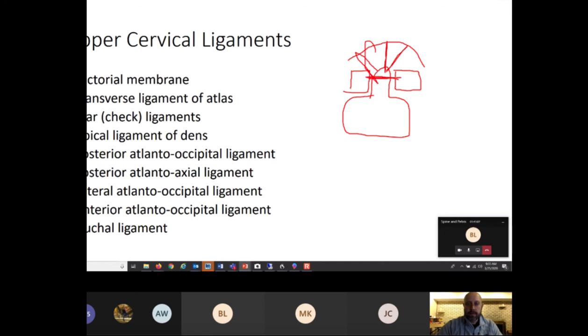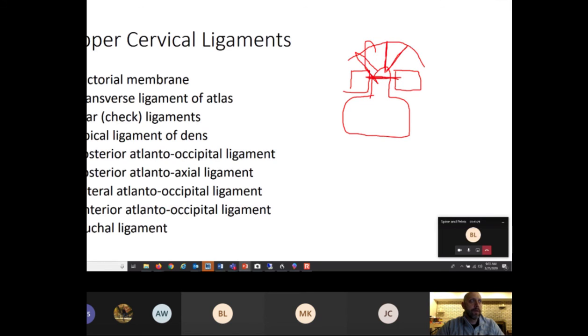If this helps you, just draw, but also articulate, either out loud or in your head, what structures are where and which ligaments are positioned relative to the others. These are all on the same plane, but the transverse ligament is behind that dens.